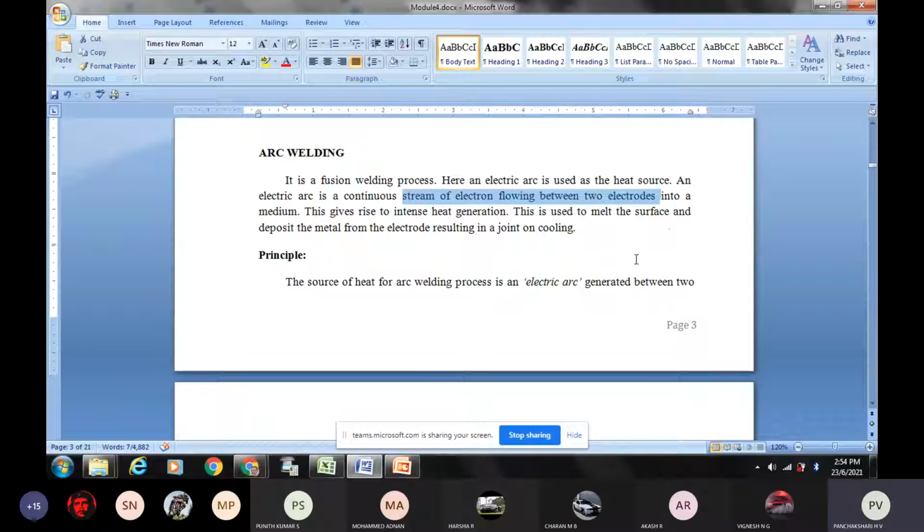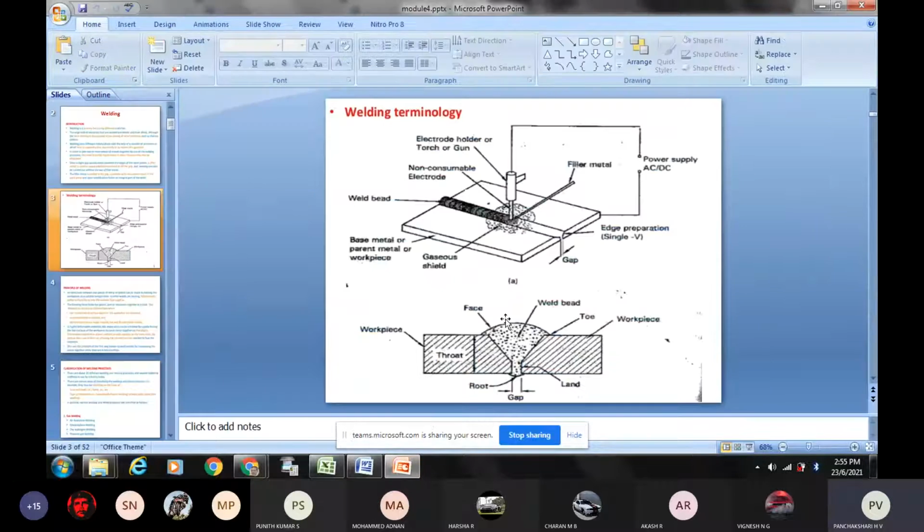Therefore, it is called a stream. Due to this stream of electrons, they hit the workpiece at a greater velocity. Therefore, intense heat is generated, meaning a very high amount of heat at the junction where it hits the workpiece.